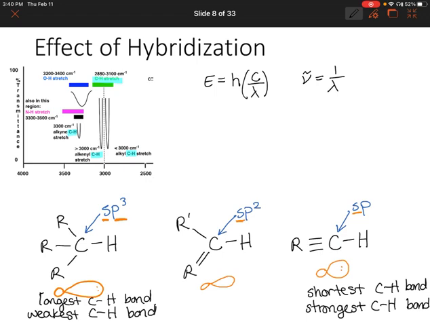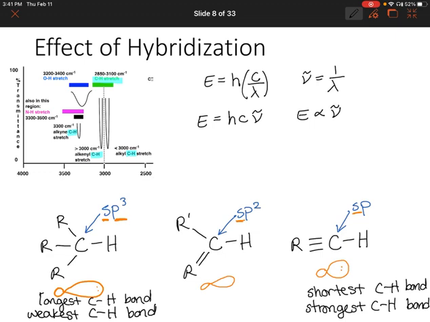So that tells us that energy is equal to Planck's constant times the speed of light times the wave number. So we just plug that in for 1 over lambda. And really, we can just say that energy is proportional to the wave number. So the higher the wave number, the higher the energy of the bond. The lower the wave number, the lower the energy of the bond.